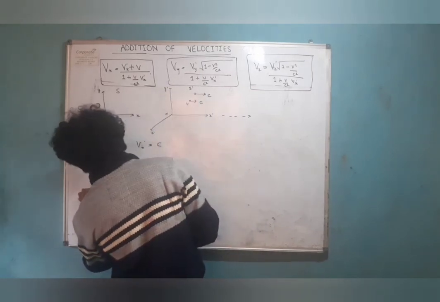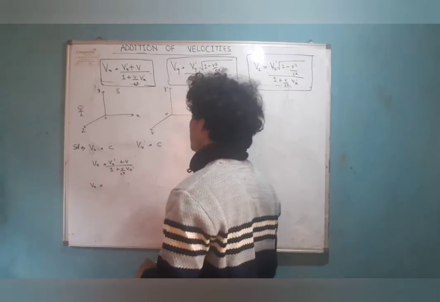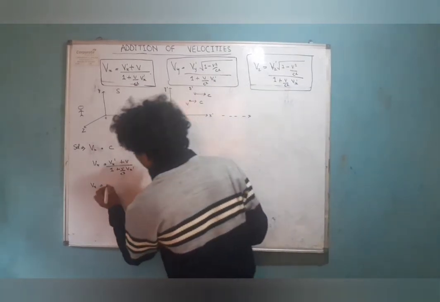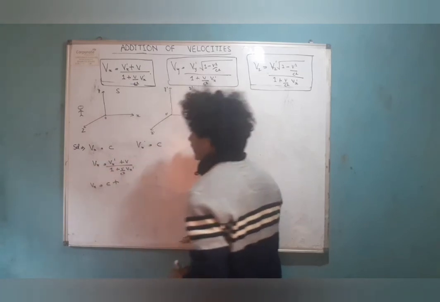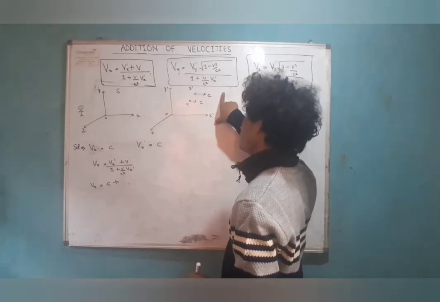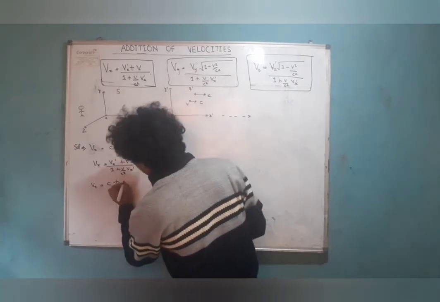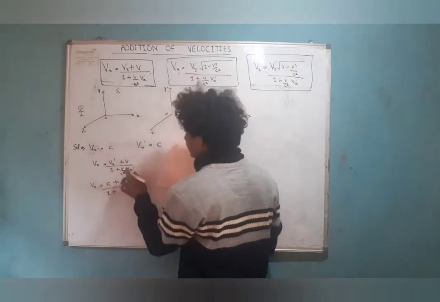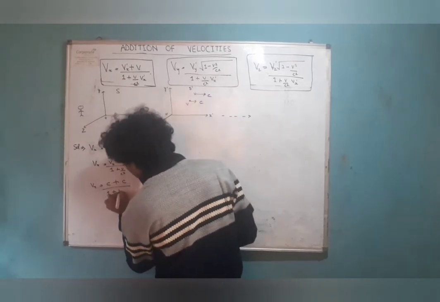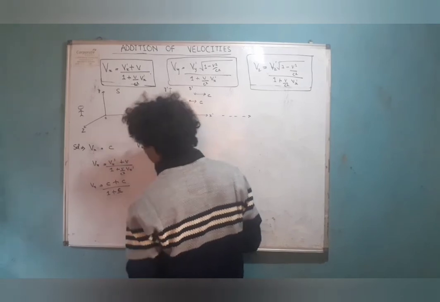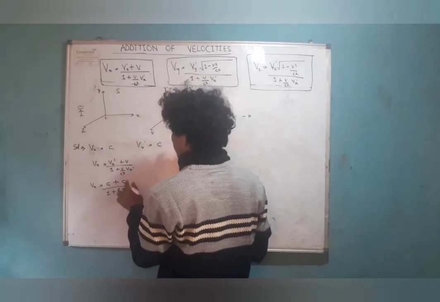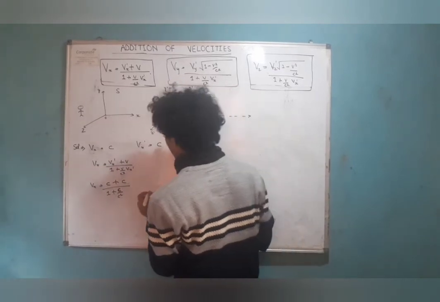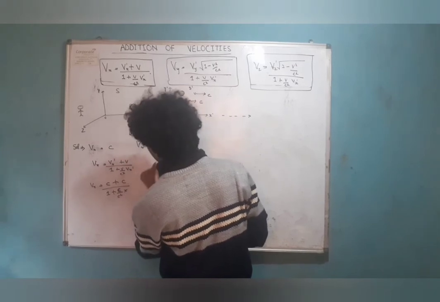So for Vx prime we have c, the velocity of the particle, plus the velocity of this S frame, which is also c. So 1 plus v, here v is c, by c square, and Vx prime is also c into c.